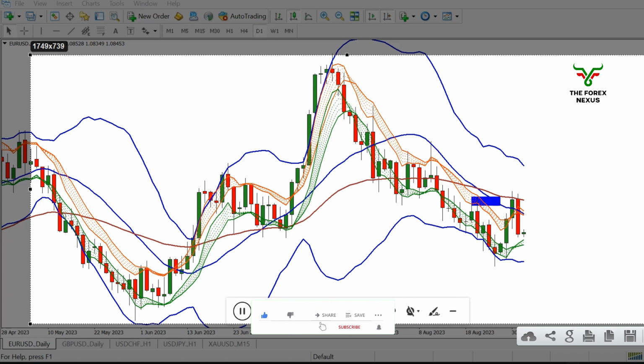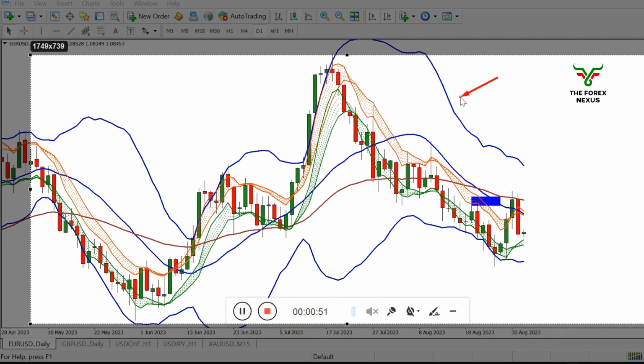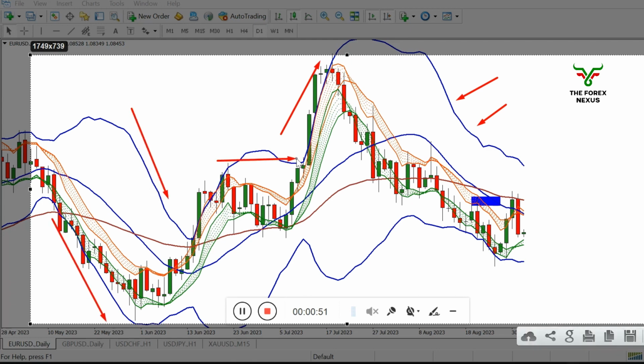So the topic was powerful reentries. Remember, if you remember the first lesson about Bollinger Band, the structure of Bollinger Band, when it starts expanding, it means that we have a strong momentum in the market, like here, and here we have a flat area.